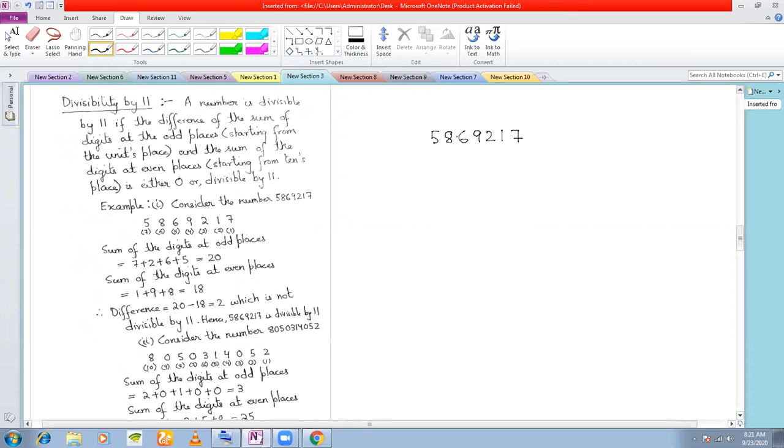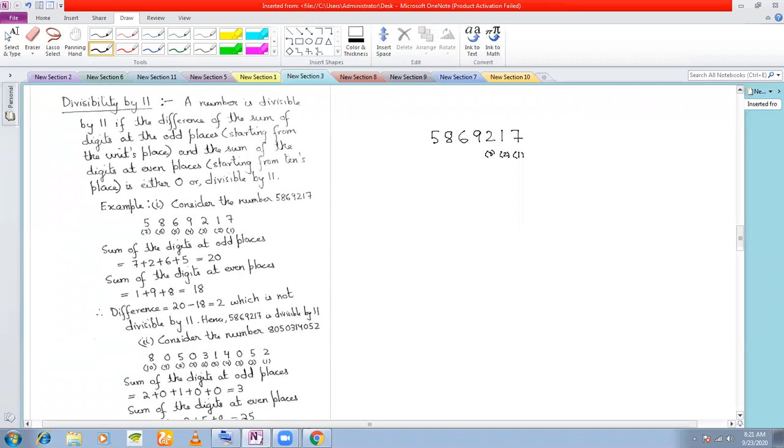5869217. Okay, now here from the right hand side, you start giving each digit a particular number, assigning them a particular number in serial order starting from 1. So 7 will have the position 1. 1 will have the second position.